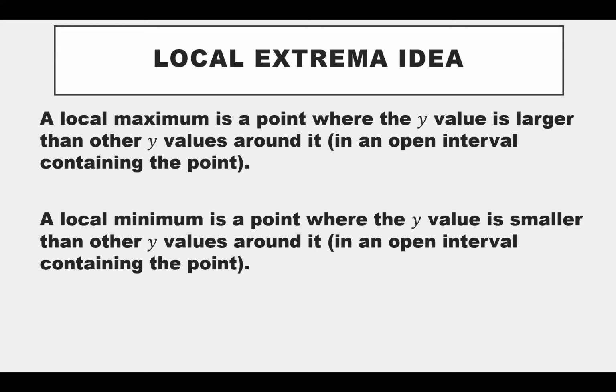We have to go a little bit left of the point, a little bit right of the point. And if it has the largest y value in that region, then that's the maximum. A local minimum point is where the y value is smaller than all the other y values around it. Again, we're talking about in an open interval. So you go a little bit to the left of the point, a little bit to the right of the point, and say in this little region, does that point have the highest y value?